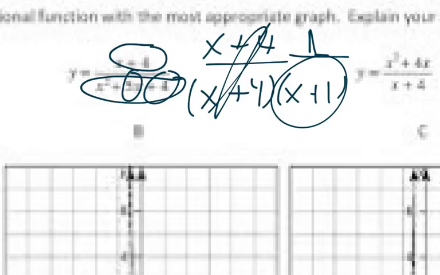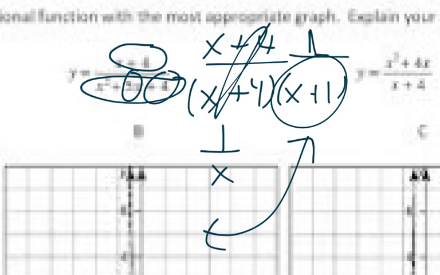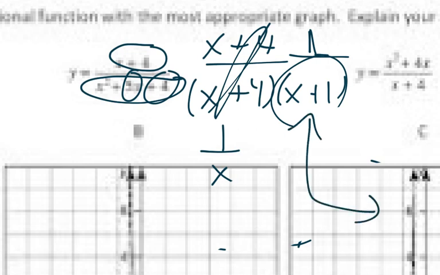Okay, now this one we simplify to 1 over x plus 1, right? Now, hopefully you remember what 1 over x looks like. Okay, 1 over x doesn't always look something like this or like this, right? So let's look at our graphs. We should find one. Actually, that's negative 1 over x. So 1 over x actually looks something like this and like this.